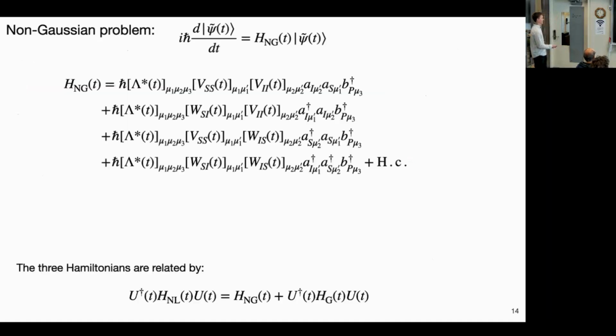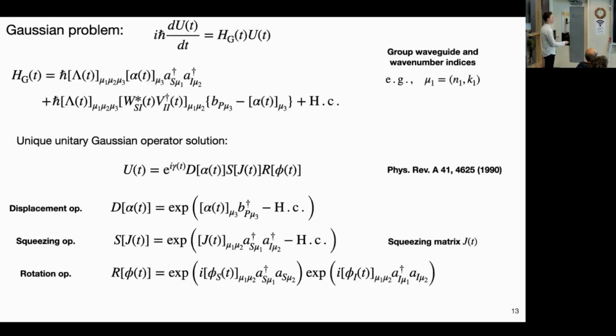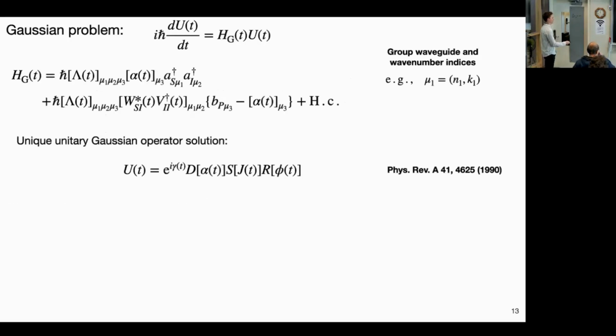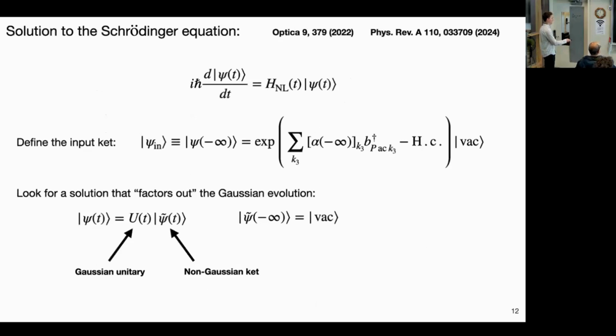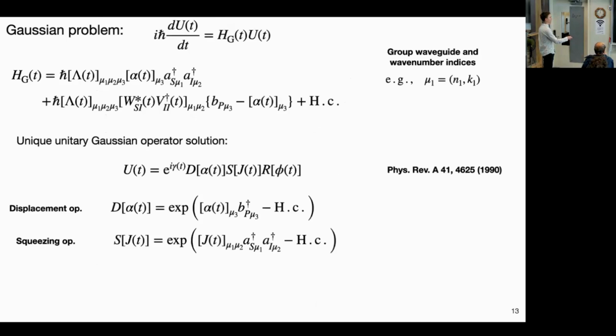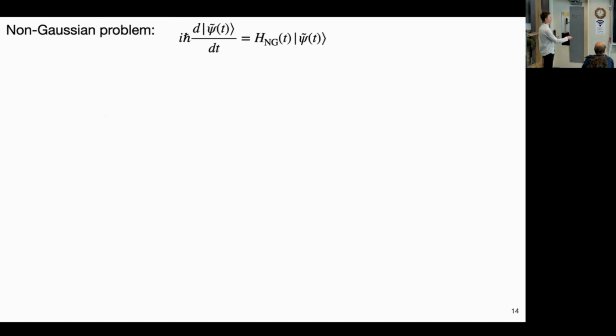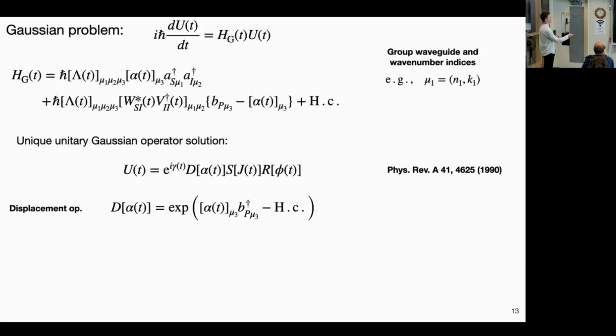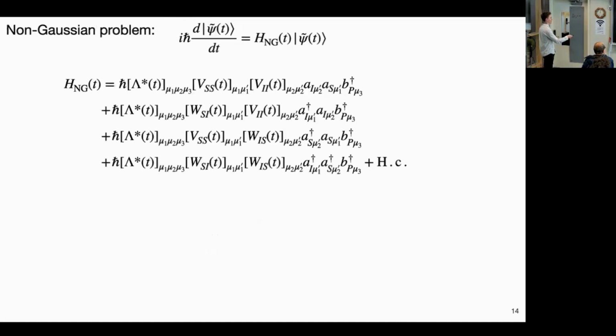Yeah, so it all starts with this guy. If you take our guess here and you plug it into this equation, you find that in order for the non-Gaussian ket to be given by this equation, the Gaussian unitary has to satisfy this equation with this Hamiltonian.